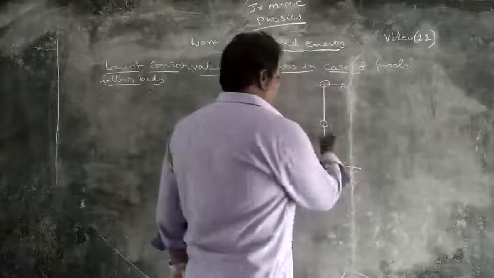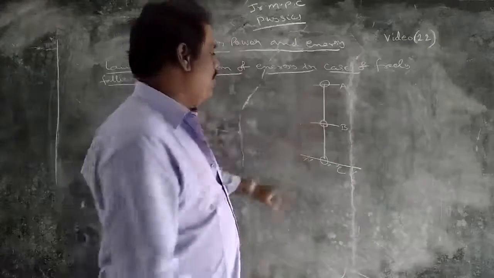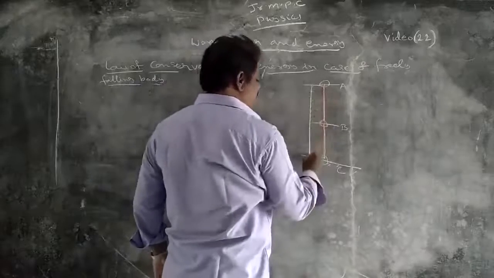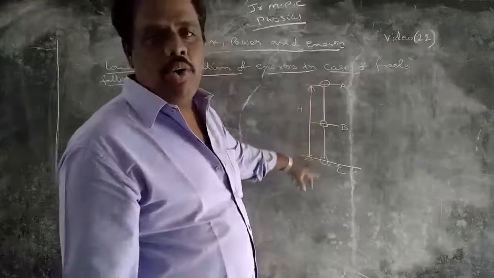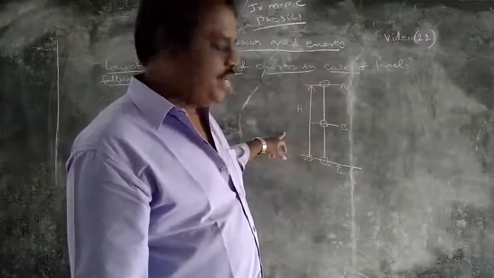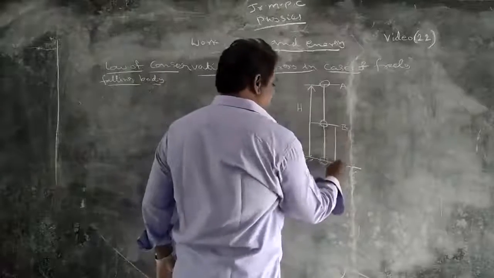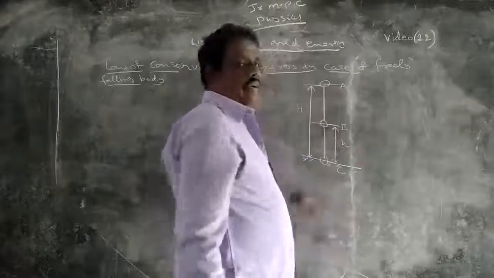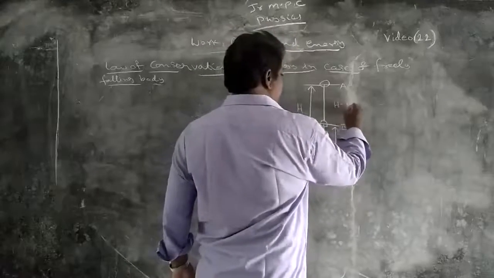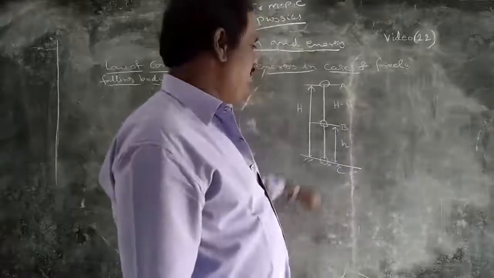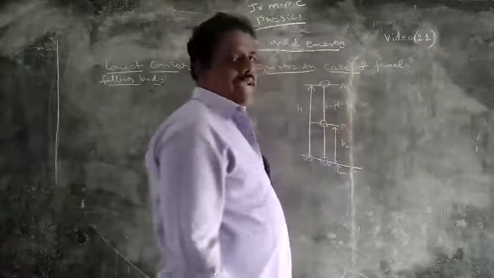In the middle we consider point B. Let the body fall from a height A to C equal to capital H. The total height from A to the ground, C, is capital H. The distance from B to C is small h. Then the distance between A and B is capital H minus small h.